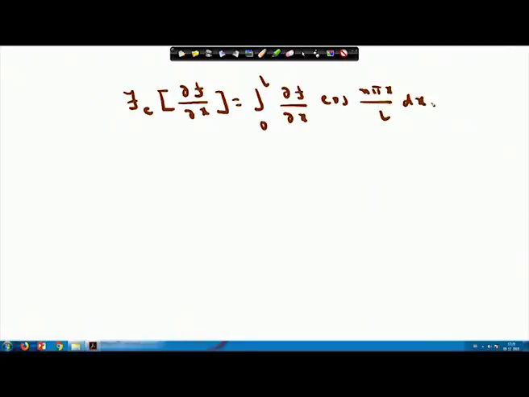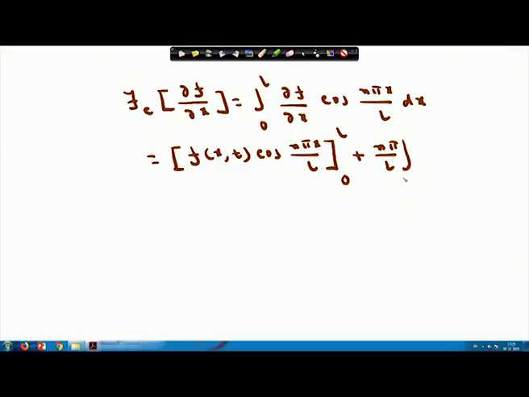From the definition, again by integration by parts, this equals f of x t into cos of n pi x by L from 0 to L, where x lies between 0 and L, plus n pi by L times the integral from 0 to L of f of x t into sin of n pi x by L dx.